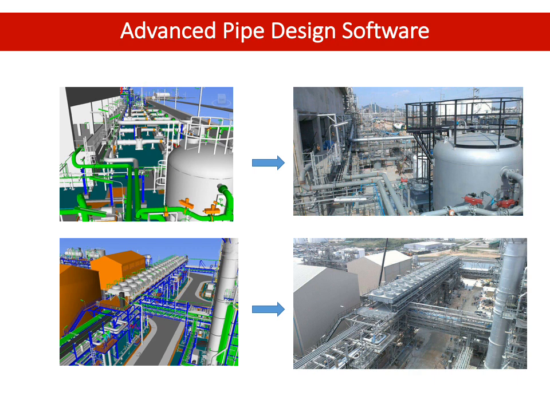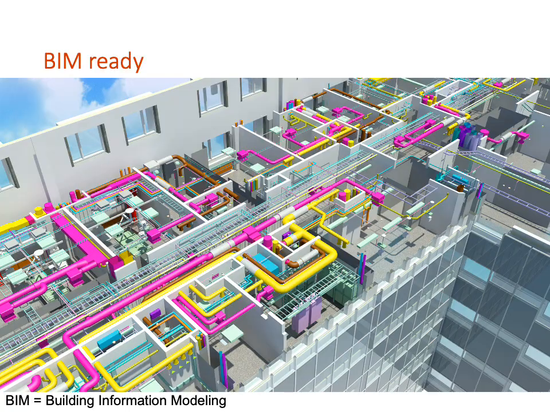So this software helps you understand more and visualize how it's going to look when you are in the factory. So this is an example, if you have the software. This is BIM ready, building information modeling.